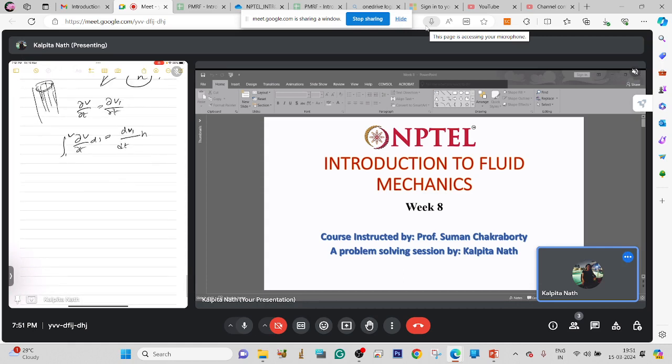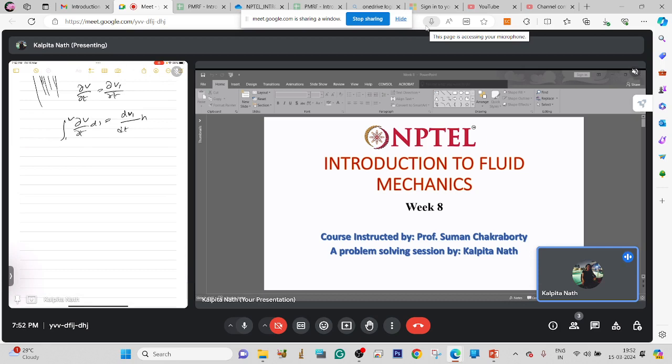Now the main equation is (V2 square minus V1 square)/2 minus g(Z1 minus Z2) is equal to minus (dV1/dt)h. This is equal to H. Let's suppose this is term A and this is term B, and H is a function of t.